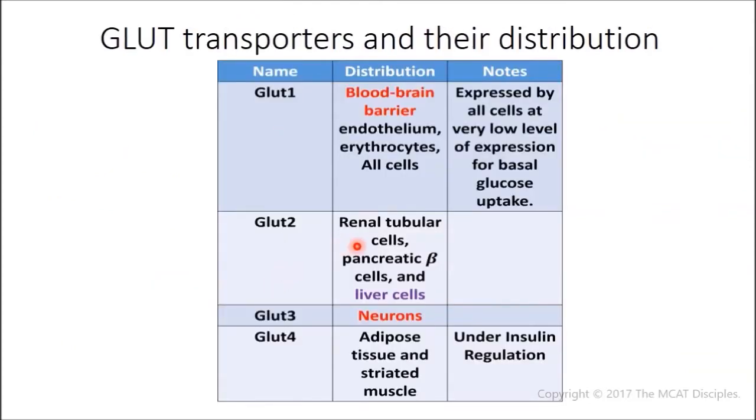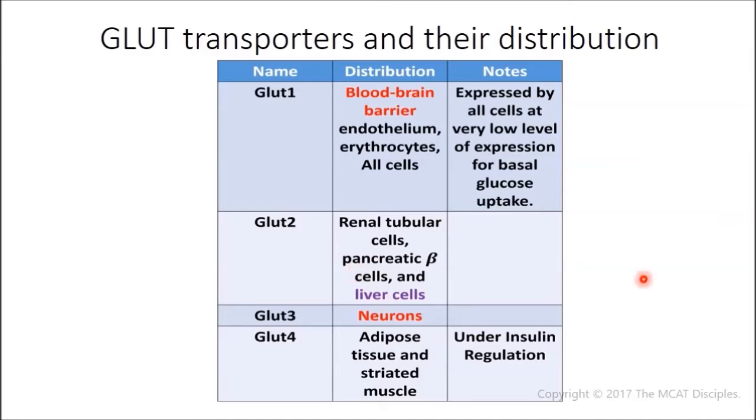So here are the different GLUT transporters and their distribution. I'm mentioning this because it kind of gets confusing if all you ever talk about is GLUT4 and GLUT2. So GLUT1 is found in the blood-brain barrier and endothelial cells and the erythrocytes and all cells at a basal level. So at basal low level, all cells express GLUT1. Now GLUT2 is found in the renal tubular cells. Okay, so the proximal convoluted tubule, distal convoluted tubule, collecting duct, pancreatic beta cell, and liver cells.